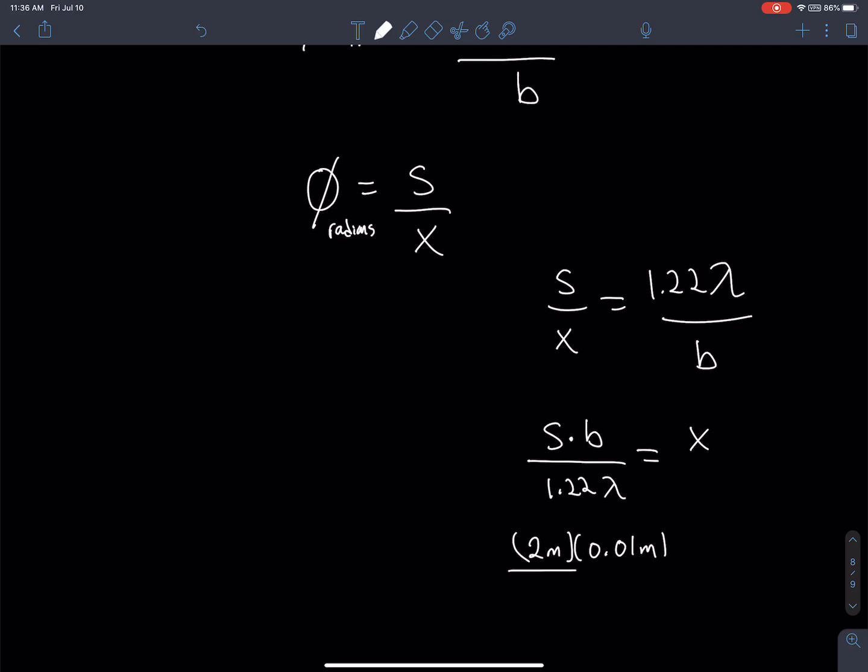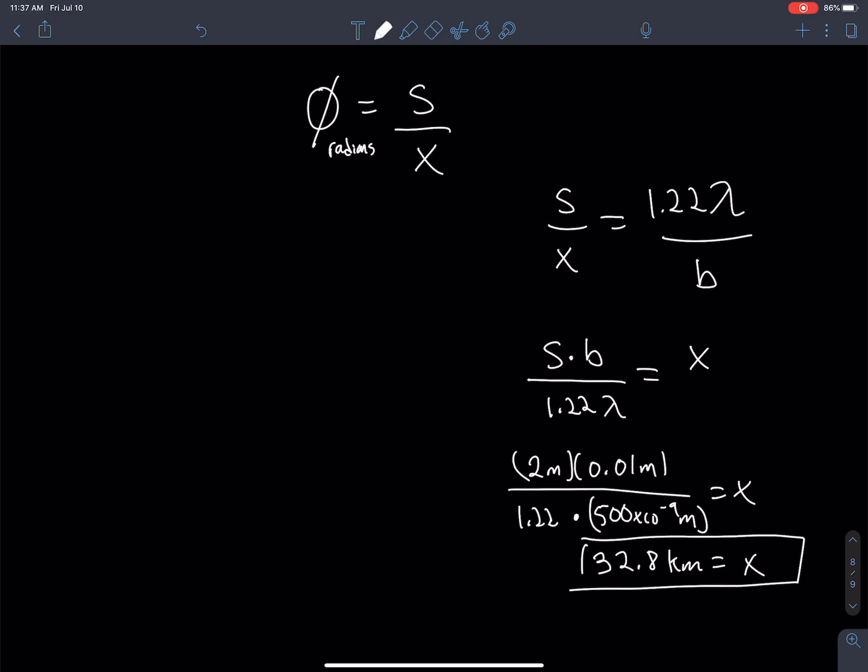It's a 1 centimeter distance. 1.22 times 500 times 10 to the minus 9 meters is going to be equal to X. So 2 times 0.01 divided by that is going to be 32.8 kilometers is equal to X. So we would have calculated 32.8 kilometers is equal to X.